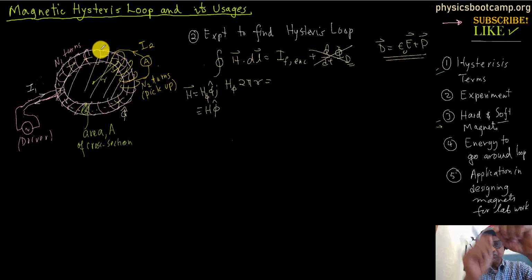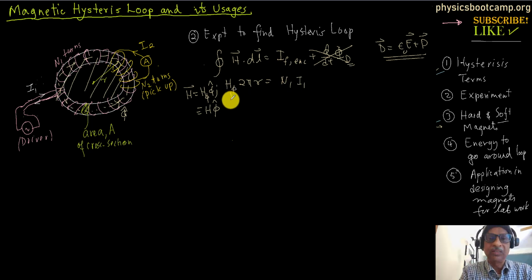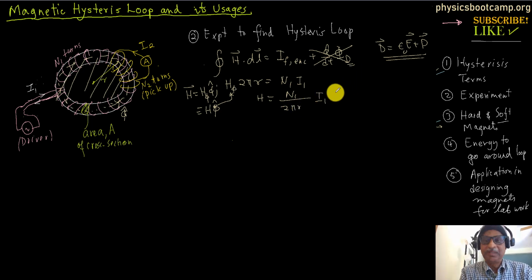Each one of those N1 wires carries current I1, so this will be N1 times I1. So H equals N1 over 2 pi r times I1.